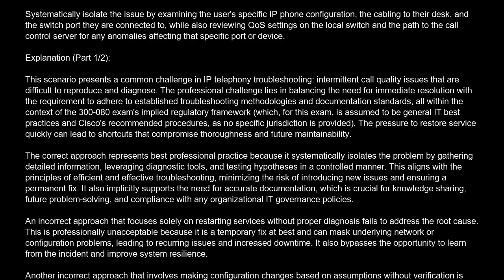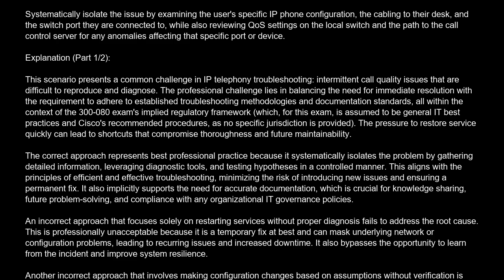Systematically isolate the issue by examining the user's specific IP phone configuration, the cabling to their desk, and the switch port they are connected to, while also reviewing QoS settings on the local switch and the path to the call control server for any anomalies affecting that specific port or device. Explanation. This scenario presents a common challenge in IP telephony troubleshooting: intermittent call quality issues that are difficult to reproduce and diagnose.